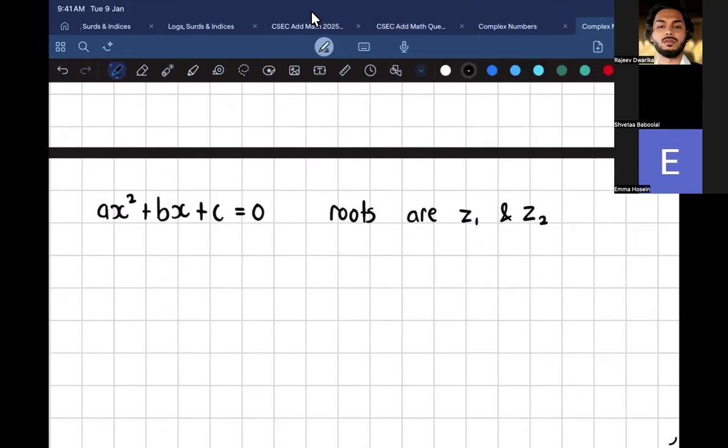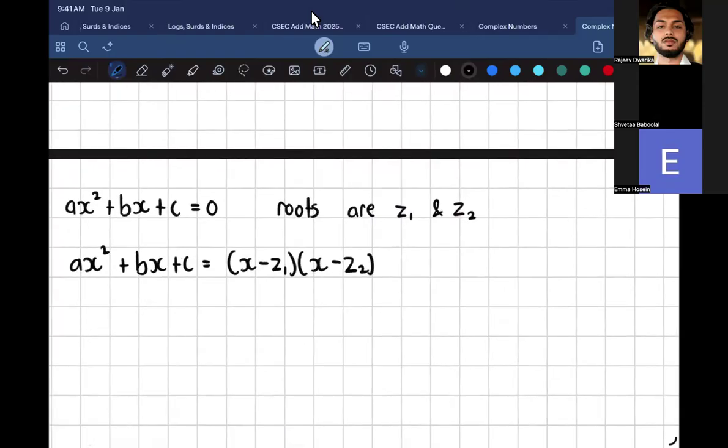Tell me if I'm losing you, right? So I have ax squared plus bx plus c, and this would be equivalent to a times x minus z1 times x minus z2, right? You're probably saying, by what? Emma, if you solve a quadratic equation and you get the roots, and if I'm saying the roots are z1 and z2, wouldn't x be equal to z1 and x be equal to z2? Yeah, I understand.